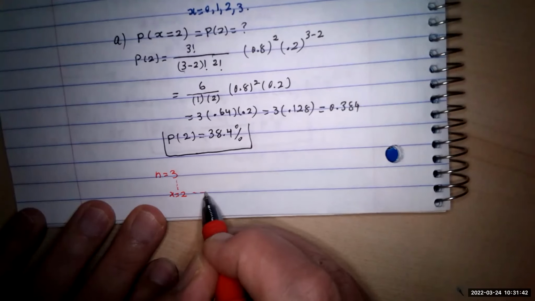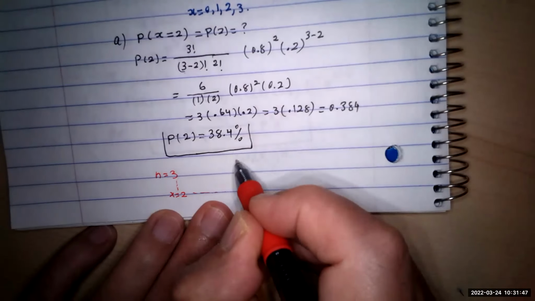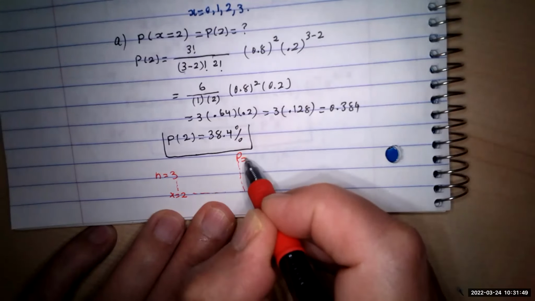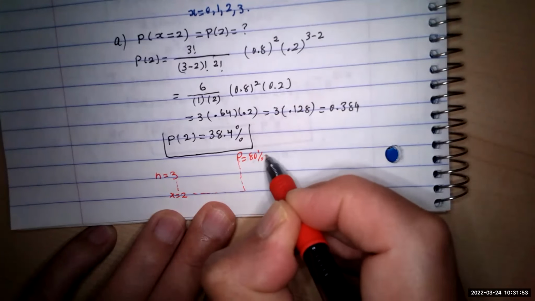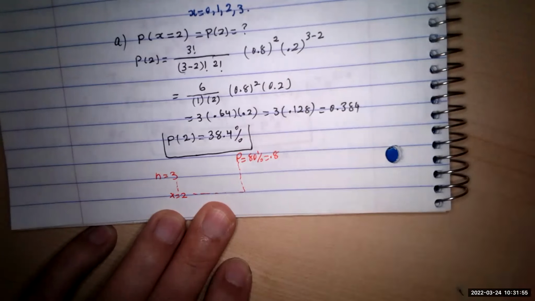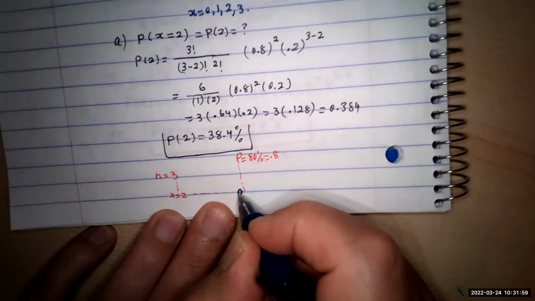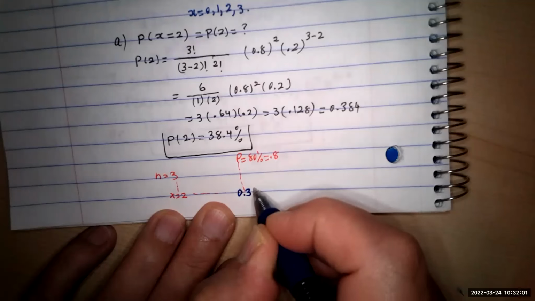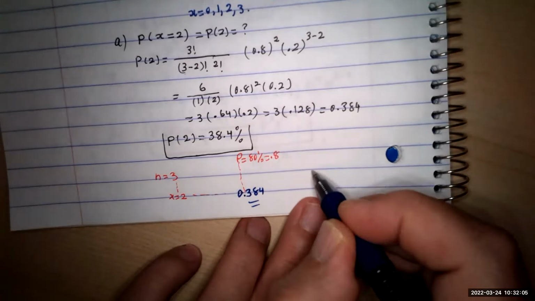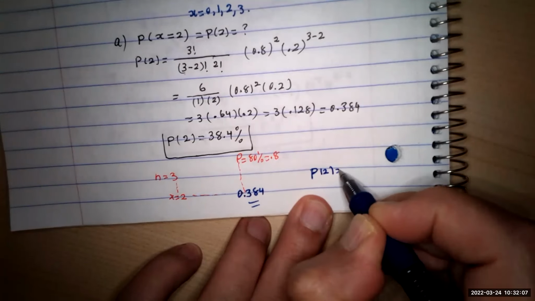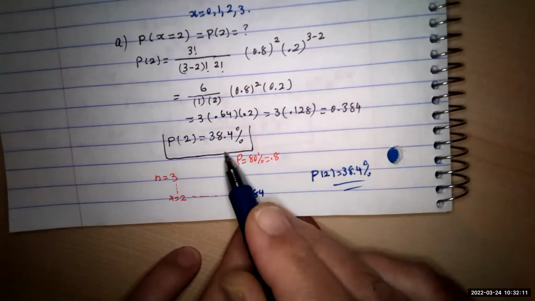Then you move on and match with the p of 80%, which is 0.8, and you read this number: 0.384. So that would be exactly P of 2, which is 38.4%, and that's exactly what we got over here.